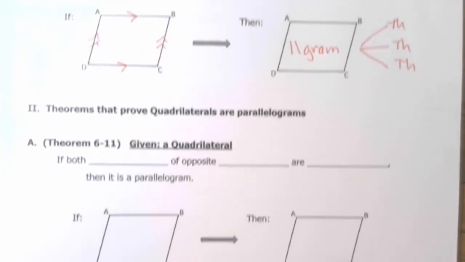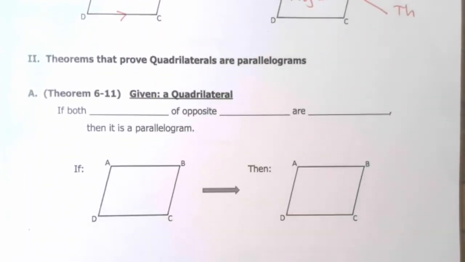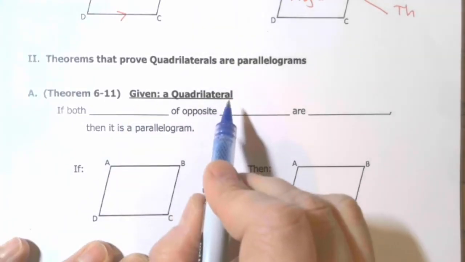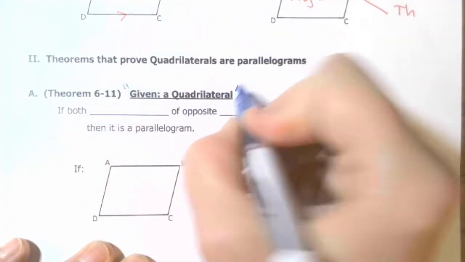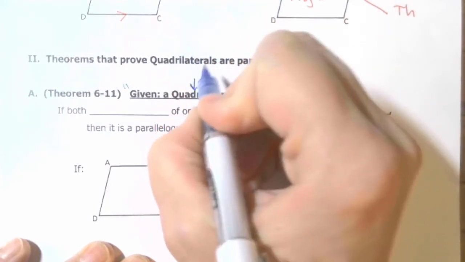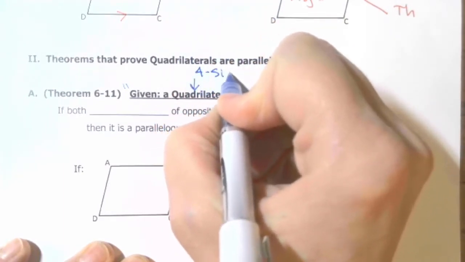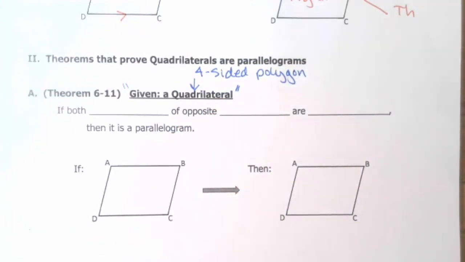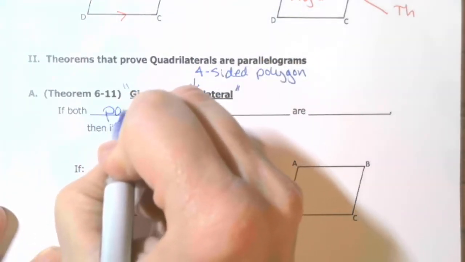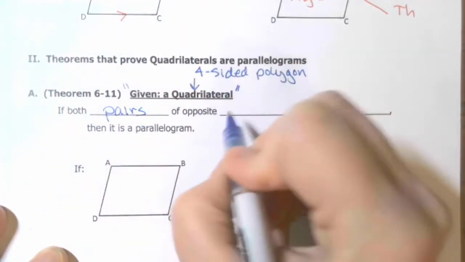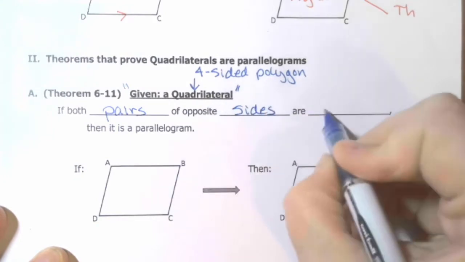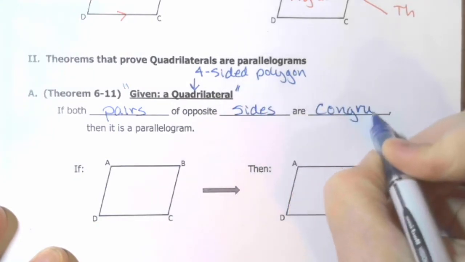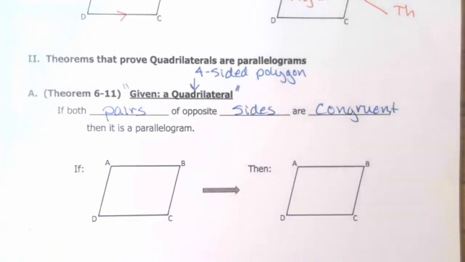Okay, Roman numeral 2. Theorems that prove quadrilaterals are parallelograms. Everything in here starts out given a quadrilateral. So given a four-sided polygon. So it has to be a polygon. It has to be four-sided. If both pairs of opposite sides are congruent, then it is a parallelogram.